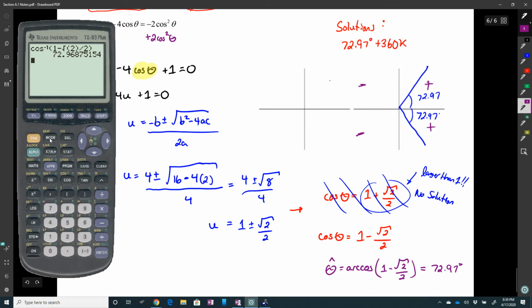But the next solution goes all the way around here, and that's just a full rotation minus 72.97. So that's going to be 360 minus that, 287.03. And so the other angle is 287.03 degrees plus 360K.